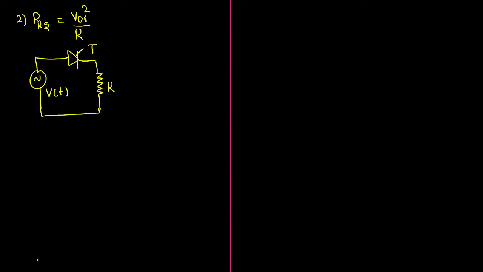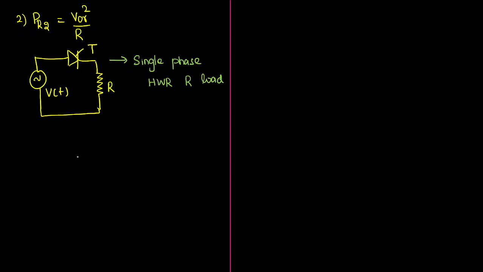How do I get the answer for this now? It is your responsibility. Let us see. When the thyristor is connected, if you observe this circuit carefully, this is called a single phase half wave rectifier with a resistive load.